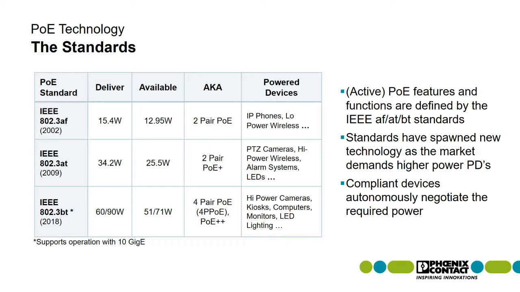Initially, it was started to take care of low power devices like IP telephone systems and wireless access points. Power over Ethernet represented a host of benefits to the end users.